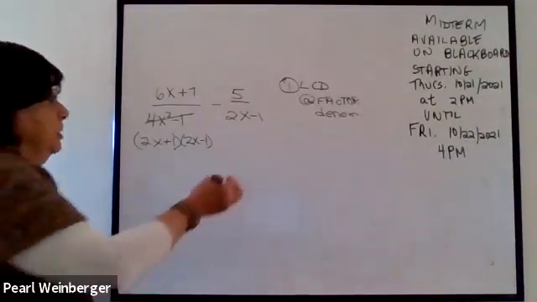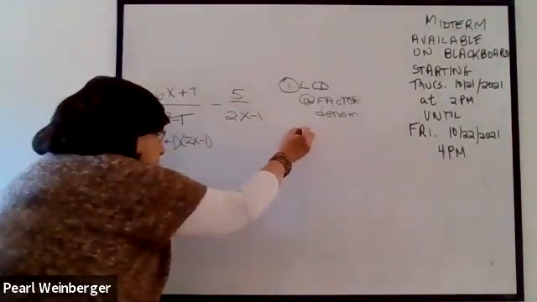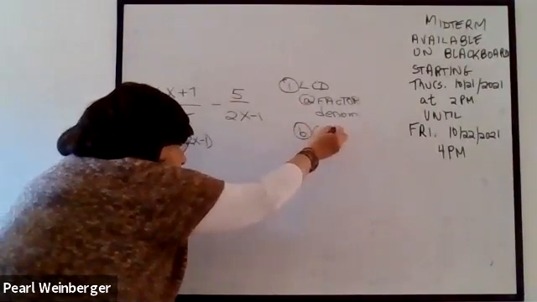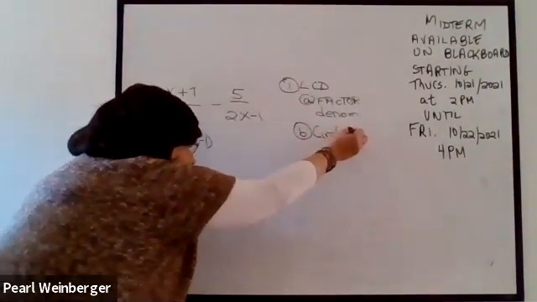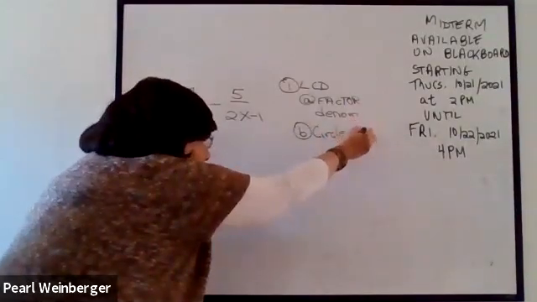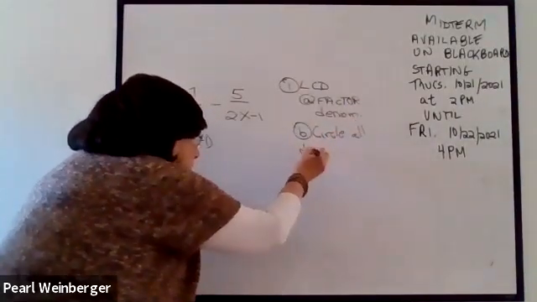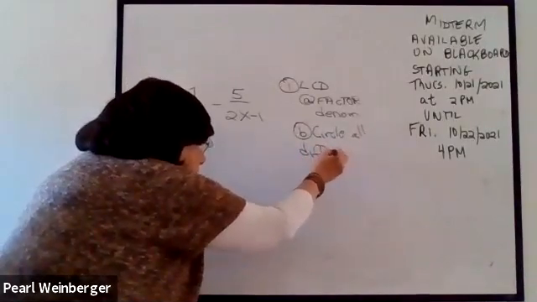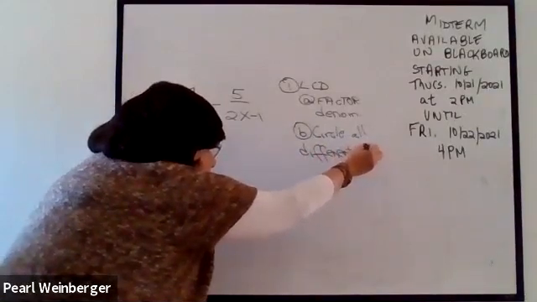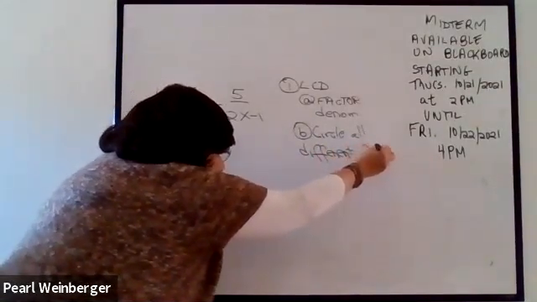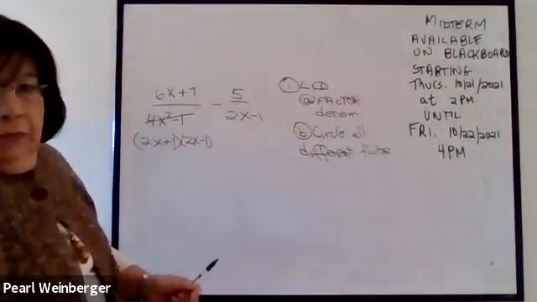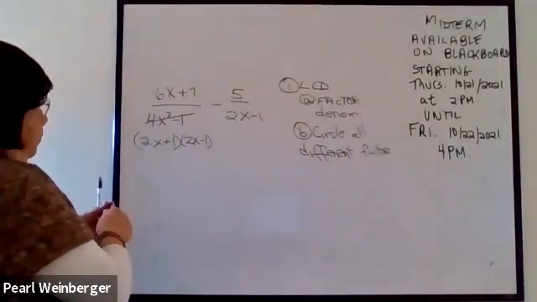Okay, so your next step is to circle all the different factors. Okay, so I'm going to do that with a marker.